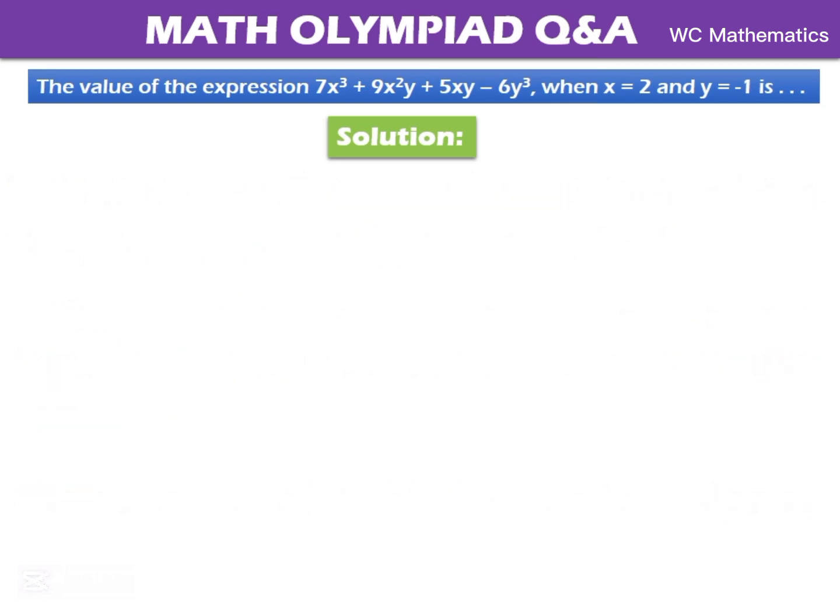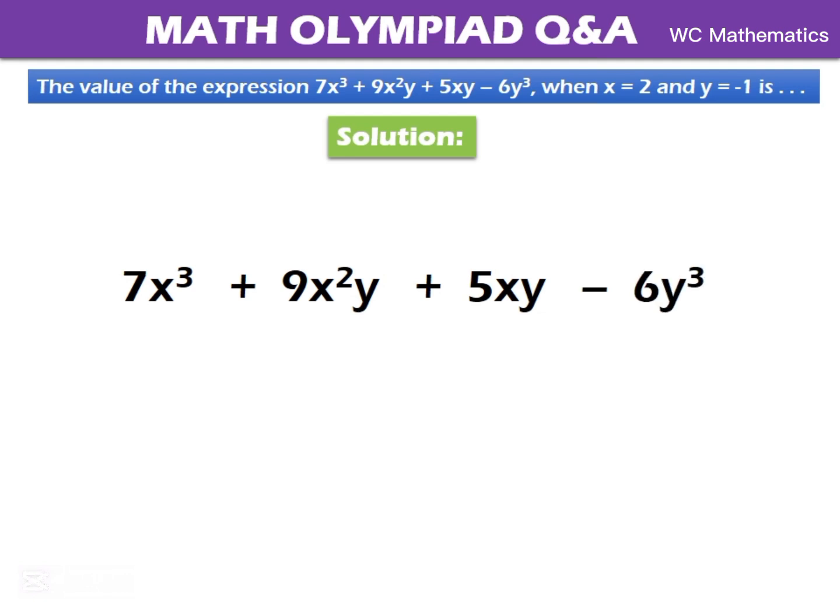Alright, let's take a look at the expression again. 7x cubed plus 9x squared y plus 5xy minus 6y cubed. Now all we need to do is to substitute x and y for their respective values.